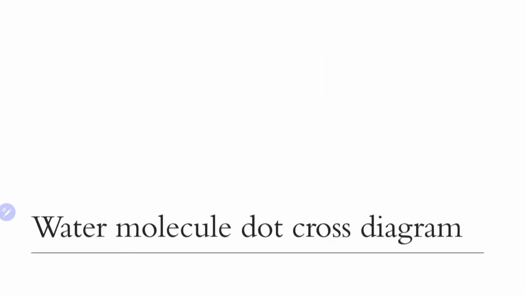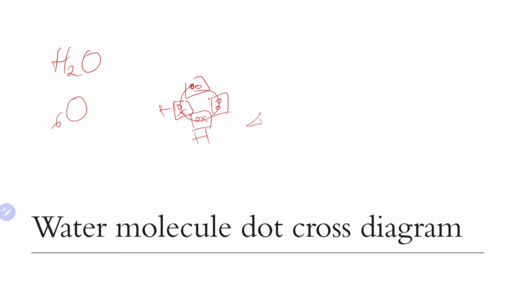For the water molecule, dot cross diagram, water H2O, O is number 6, so O with 6, with 2 H. The number of electrons is 4 pairs around the central atom oxygen. Then 4 pairs of electrons will be the same as CH4.